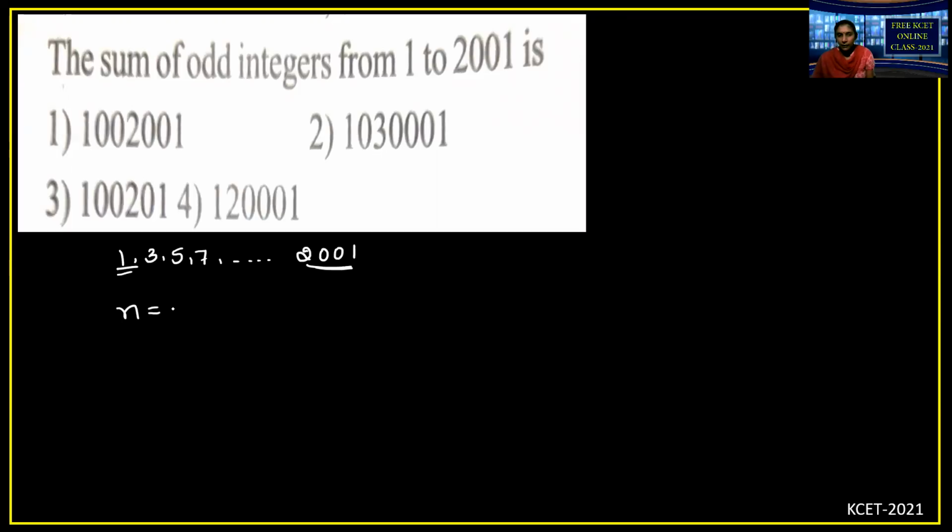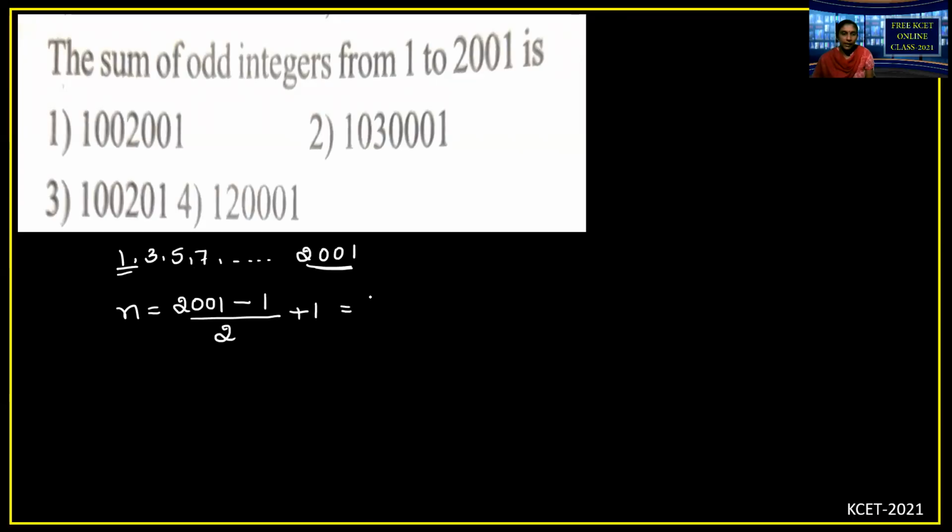How to calculate the value of n? Last term minus first term divided by common difference, plus 1. The last term is 2001. I gave a hint about this shortcut earlier. Last term minus first term divided by common difference; here in this sequence the common difference is 2, plus 1.